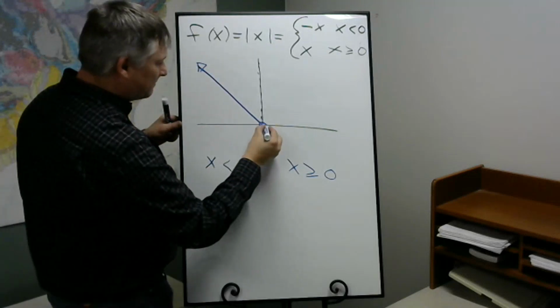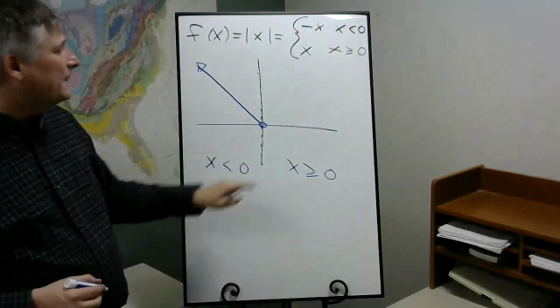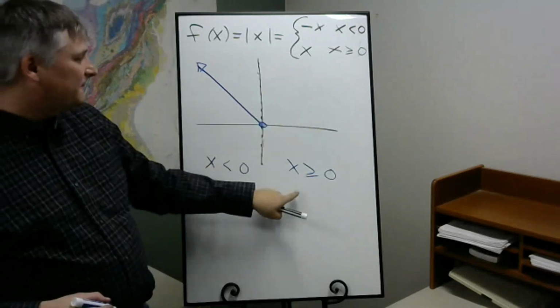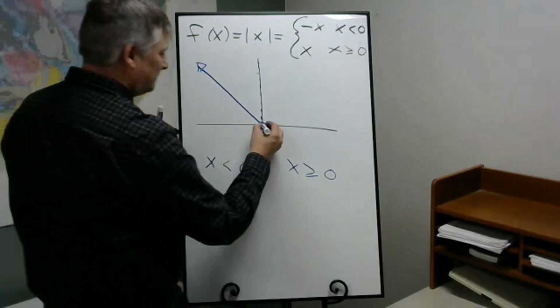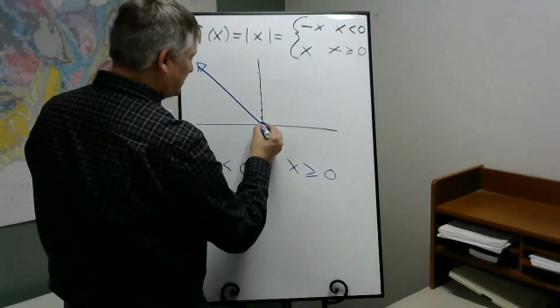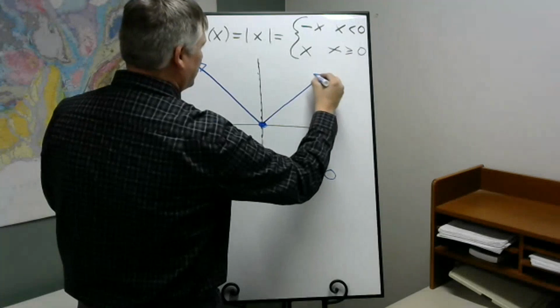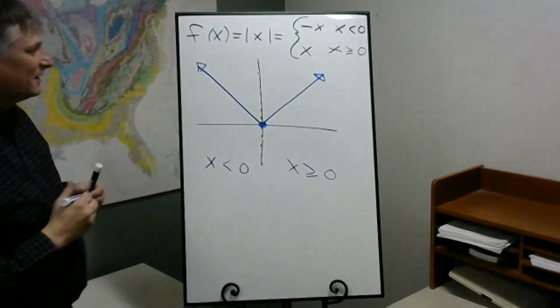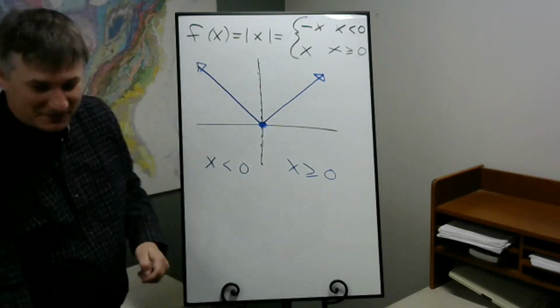And it's going to be an open dot because we're not allowed to equal 0. And then for this one, we get into phase 2, we can equal 0. So we fill this in with a closed dot, and we continue on with the identity function. And so this becomes the graph of the absolute value of x.